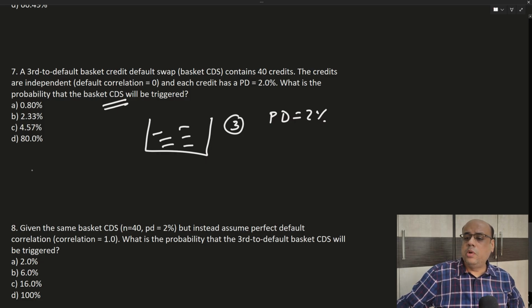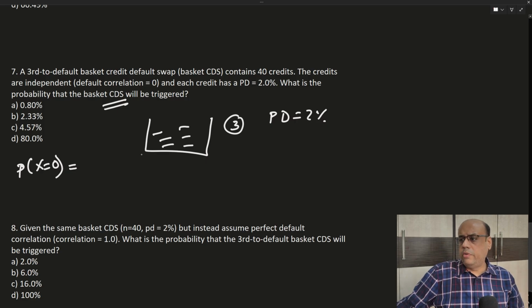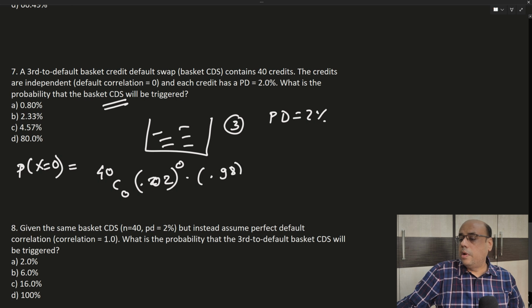So obviously what we will do is find out the probability that there is no default. How will we find the probability of no default? 40C0 into 0.02 to the power 0 and 0.98 to the power 40. Like this, we have to find P of x equal to 1, and also the probability of x equal to 2.